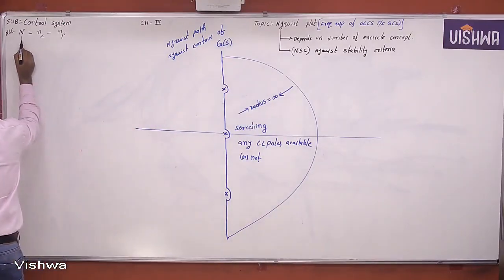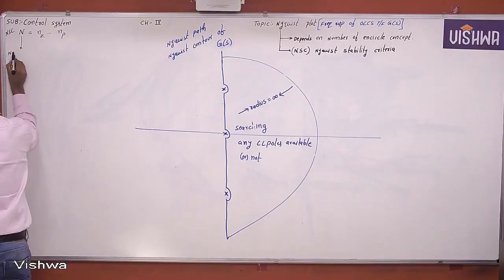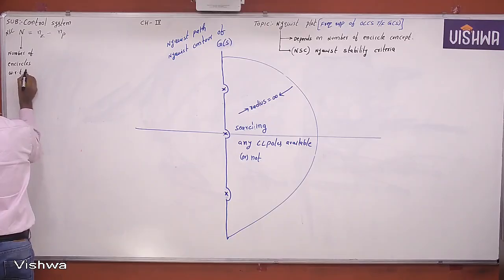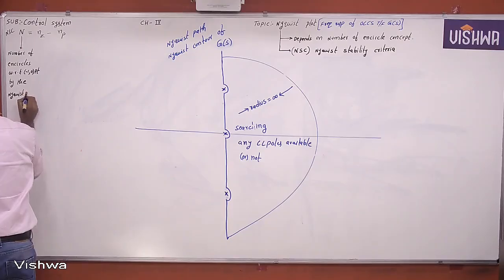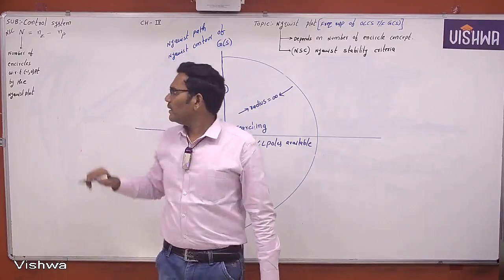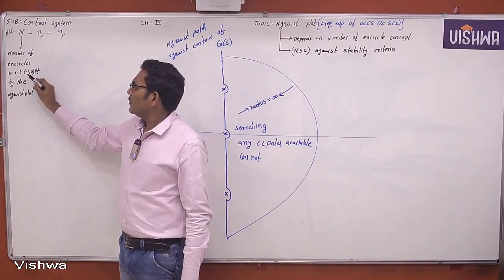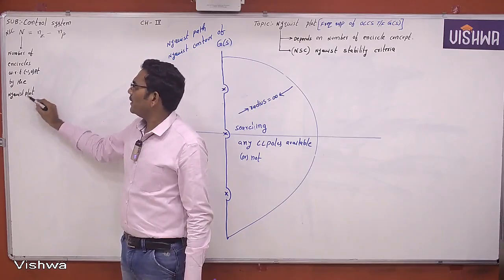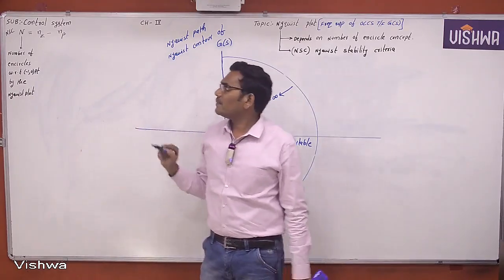This N is the total number of encirclements with respect to the minus 1 comma 0 point by the Nyquist plot. Capital N is the number of encirclements with respect to the minus 1 comma 0 point by the Nyquist plot. This is the capital N definition.